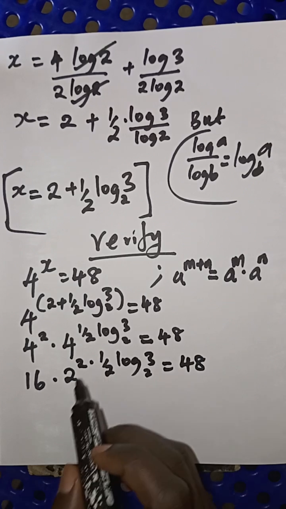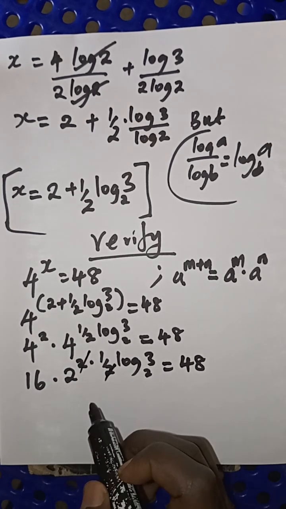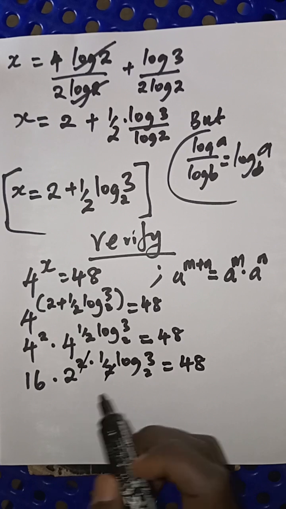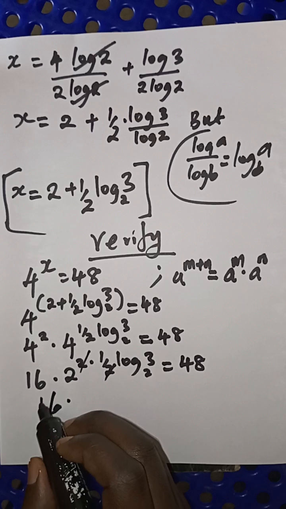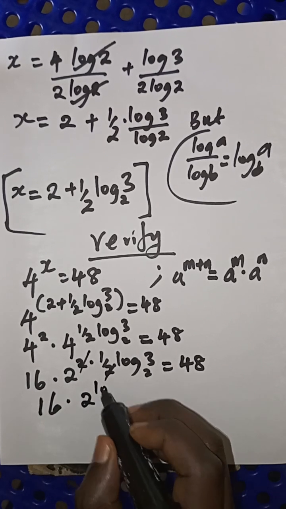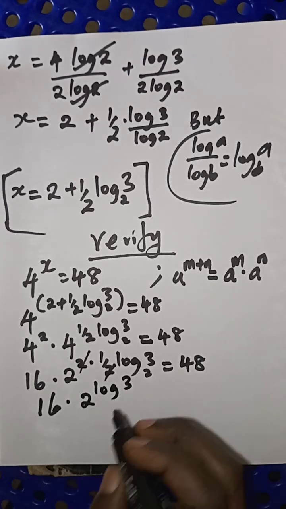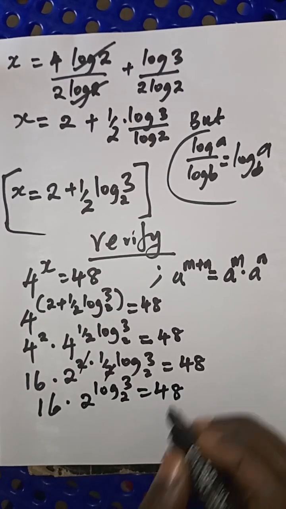It is clearly easy to see that the 2 and the 2 can cancel, and then I'm going to have 16 multiplied by 2 to the power of log 3 to the base 2 should give me 48.